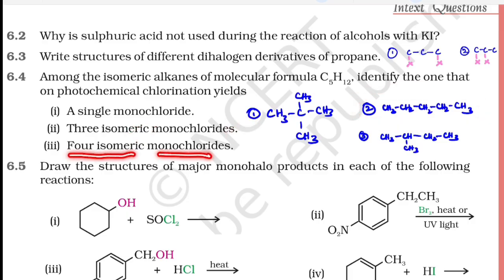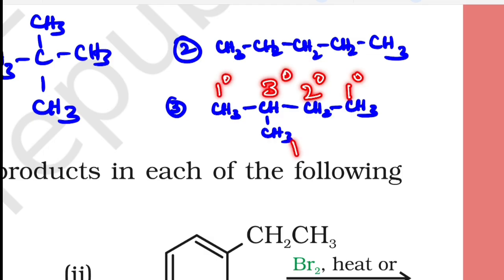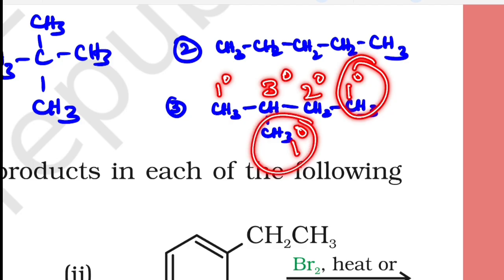Four isomeric monochlorides means 4 different hydrogen atoms should be present. So see in this compound whether 4 different hydrogen atoms are present. This is a primary carbon, this is a secondary carbon, this is a tertiary carbon, this is a primary carbon, and this is a primary carbon. So here you can see 3 primary carbons are present.